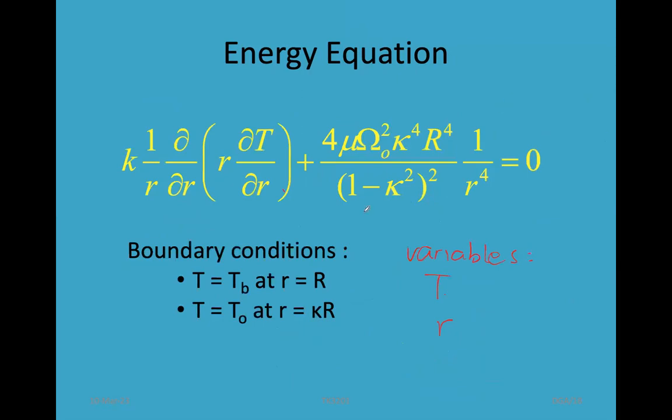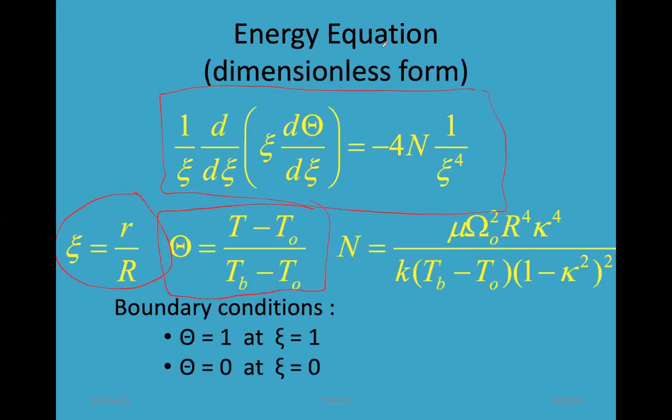Okay, so now the boundary conditions: we know that T equals T_b at r equals R, and T equals T_0 at r equals kappa R, which is at the beginning. Then, if you remember, we can also change into dimensionless form, with zeta.